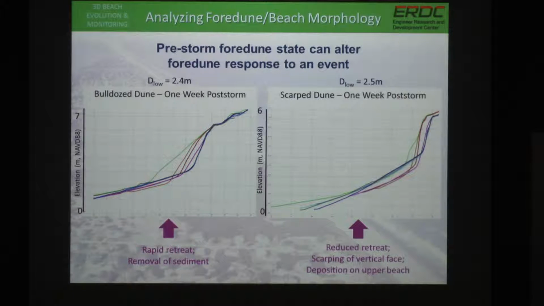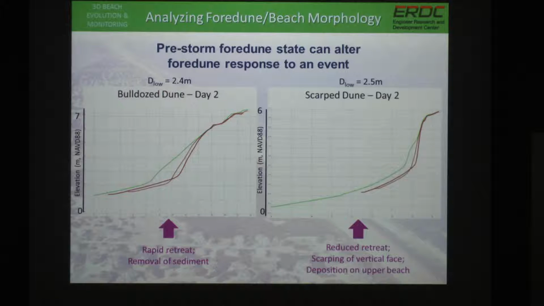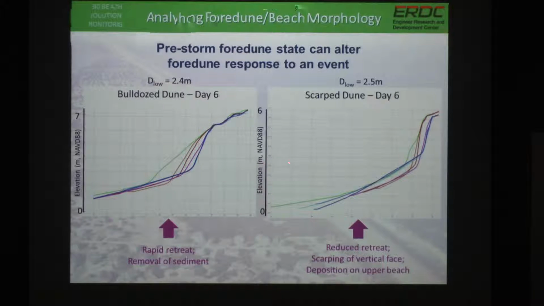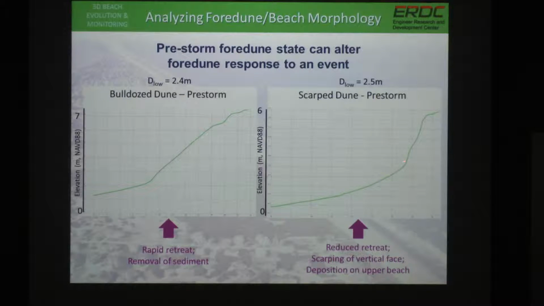Now these 2 dunes actually happen to be within about 20 meters of each other on the shoreline. This was because this homeowner, post-Hurricane Sandy, had paid to have either a bulldozer come in and dump a bunch of sand in front of their house or had done beach scraping, whereas this homeowner had left their dune in the eroded state that it was.